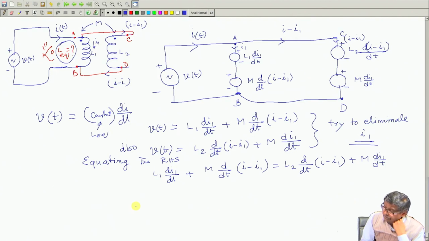So, what you do? You collect the terms which are having I 1 terms. So, it will be L 1 d I 1 dt minus m d I 1 dt, and if you bring this term this side, it will be plus L 2 d I 1 dt.